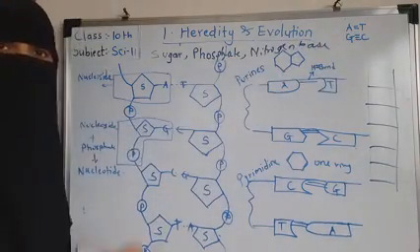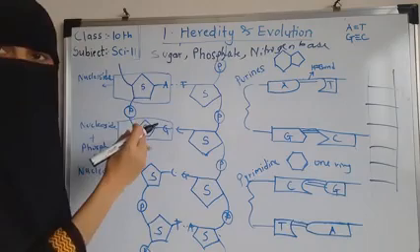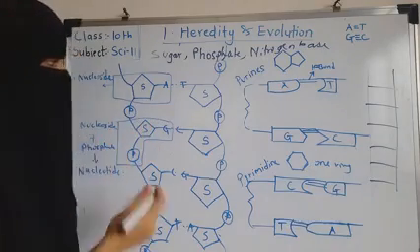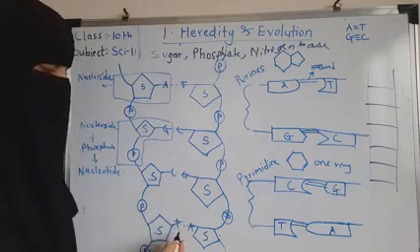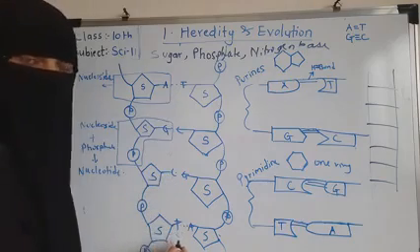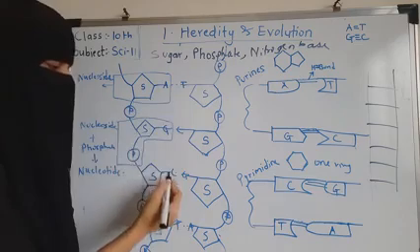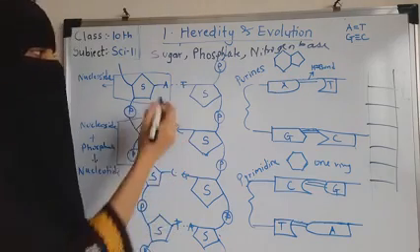Now if you remember, these nitrogenous bases are of four types. Which ones? Adenine, guanine, cytosine and thymine, right?